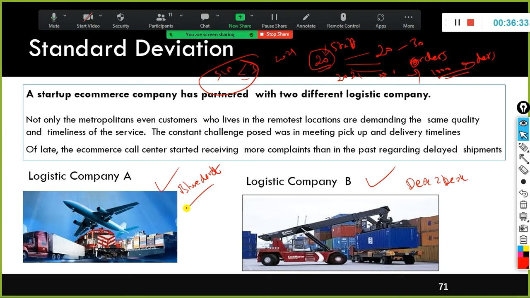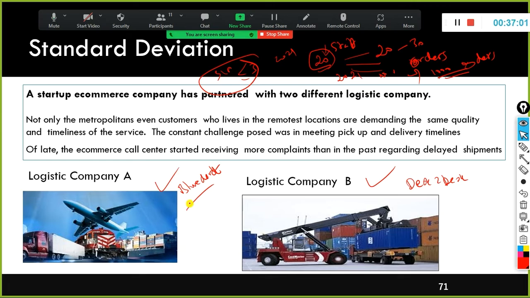So now what happens, right? Everything is going smoothly, and off late you are getting a lot of complaints from the customers. Let's say you run a survey with your customers to know about their sentiment. While doing so, you understand customers are not happy with the delayed shipments.